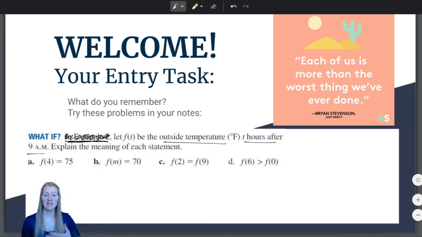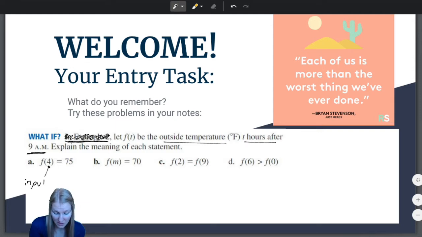So this is basically the same as the last problem from the previous video, but now we're after 9 a.m. instead of after 6 a.m. So what does f of 4 equals 75 mean? Well, 4 is our input.